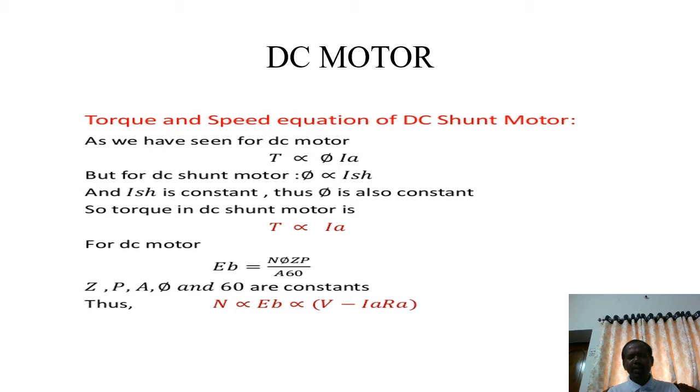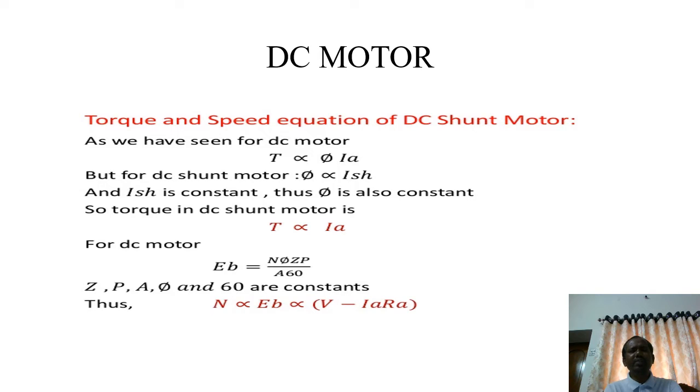For a DC motor, the induced EMF in the motor, that is the back EMF, EB, is equal to phi Z N by 60 into P by A. Here Z, P, A, phi and 60 are constant. Now you will get the equation: N is directly proportional to the EMF produced in the motor, N is directly proportional to EB.